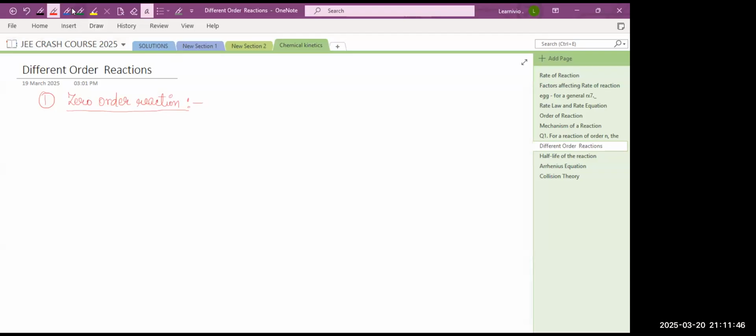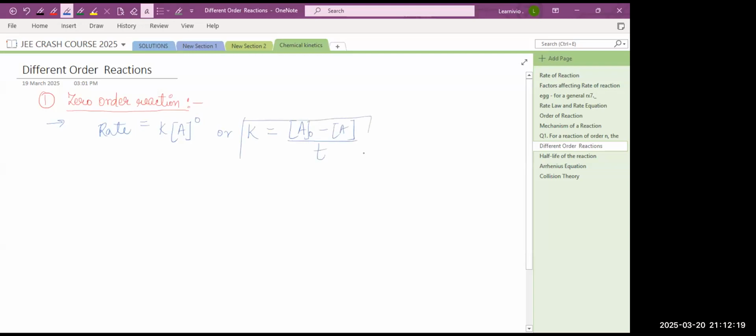Okay. So zero order reaction means the rate of reaction is directly proportional to the zeroth power of the concentration, right? Or you can write it down, k is equal to (a naught minus a) upon t.